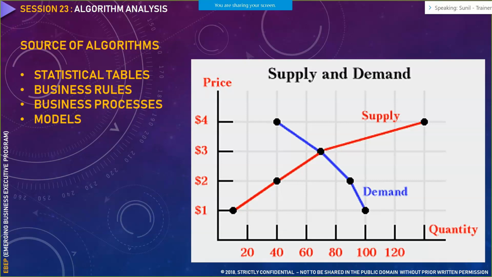If the supply is low and the demand is high, then the prices tend to increase. If the supply is high and demand is low, then the pricing decreases. So this applies to every industry. This is not the only model that we need to take into consideration when we are designing algorithms. There are various other models as well which we need to consider.